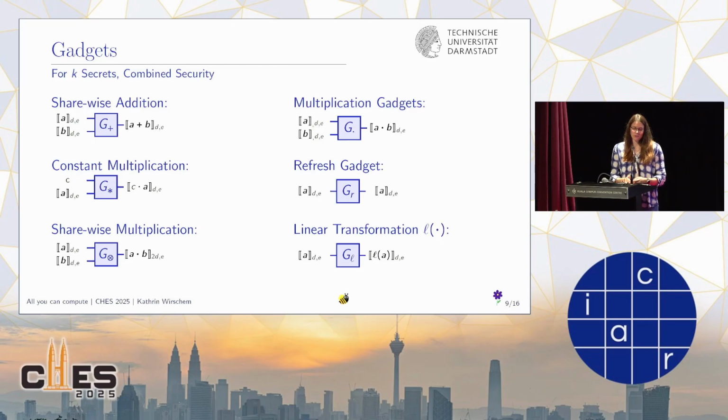We also consider a refresh gadget, which basically just means we have a sharing of, let's say, a vector A, and then we change the underlying randomness of this sharing, but it still remains a sharing of A. And last but not least, we have the linear transformation gadget, which we can use, for example, for the permutation in AES.